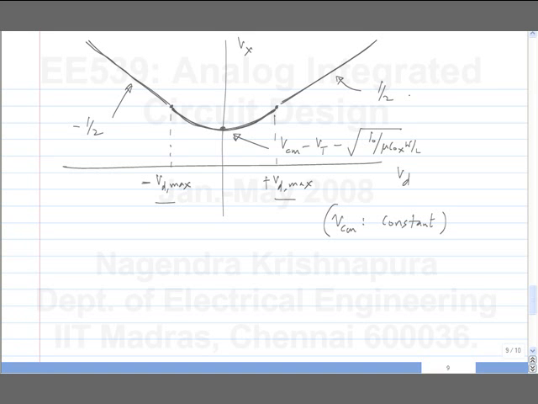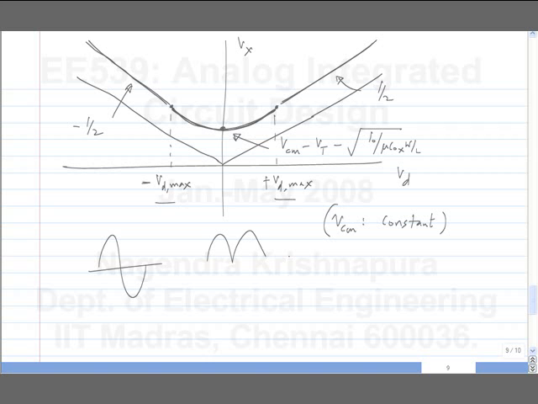Yeah, so it's an even function, so y equals mod x will be something like this. So where do you use such a circuit? Y equals mod x? Rectifier. That's what it is, right? If you have a sine wave, it will give you something like this. So you can use this as a rectifier in CMOS without using diodes.